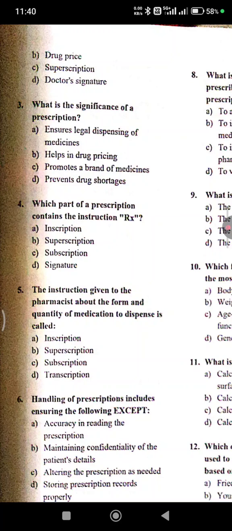It means take these medicines. The right answer for question number 5 is option C, subscription. The instruction given to the pharmacist about the form and quantity of medication to dispense is called subscription.